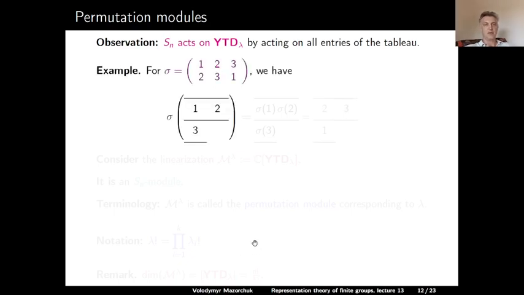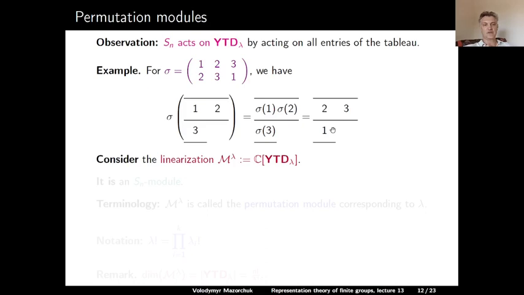So for example, if we take the permutation which sends 1 to 2, 2 to 3, and 3 to 1, and apply it to the tabloid where the first row has 1 and 2, and the second row has 3, we get the tabloid where the first row is sigma of 1 and sigma of 2, and the second row is sigma of 3. So this is the tabloid with 2, 3 in the first row and 1 in the second row.